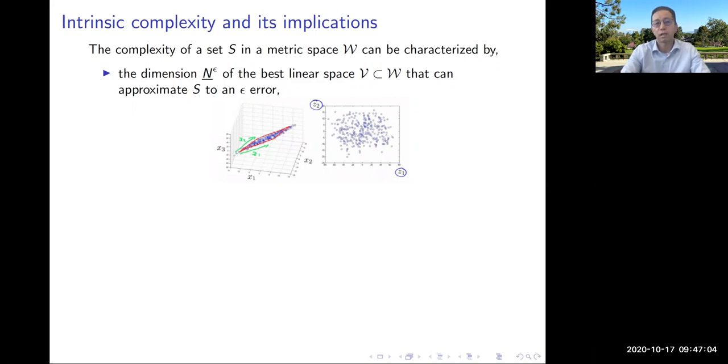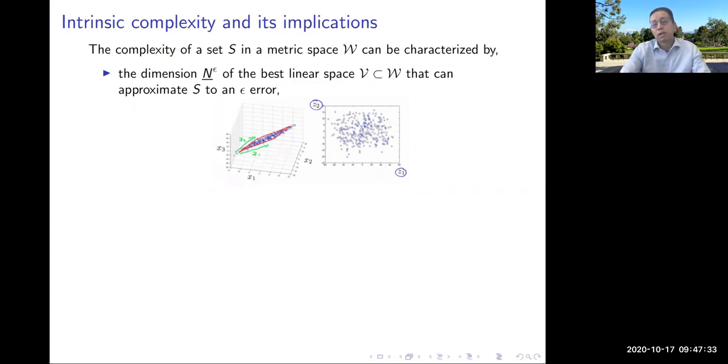You give the error, and I want to see what is the minimum dimension of a linear space needed to approximate this set uniformly to that accuracy. For example, I can only draw 3D, but this set of points could live in 1,000 dimensions and eventually be really close to a two-dimensional plane. And then you really want to find whether there's such a low-dimensional structure.